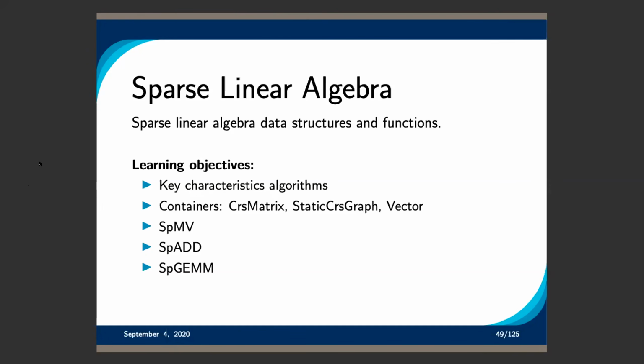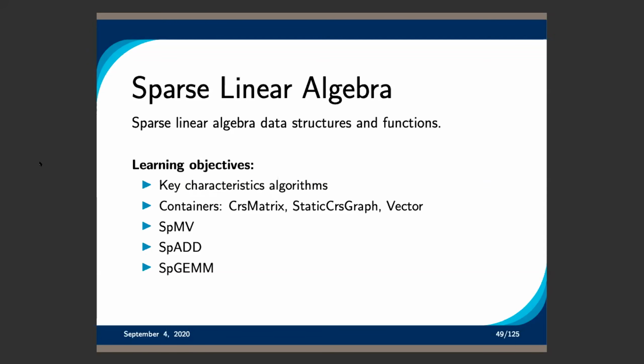I'm going to talk to you now about the sparse linear algebra component of Kokkos Kernels. So here are the key takeaway and learning points for this section. First I'll cover some key characteristics of the algorithms and the sparse linear algebra kernels that we're writing.